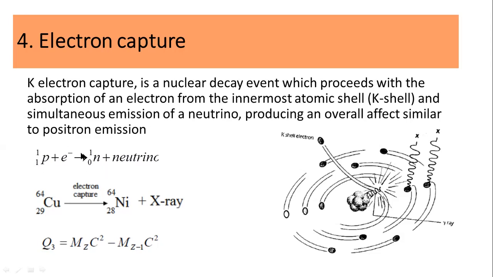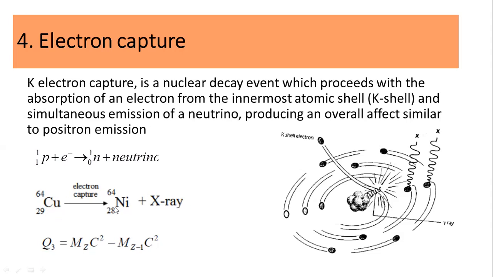Look at the values here. There is no change in the mass number, but the atomic number decreases by one. So similar to positron emission, but the difference is that there is no positron emission; this is electron capture. Later on, we will also compare positron emission and electron capture in the last slide.